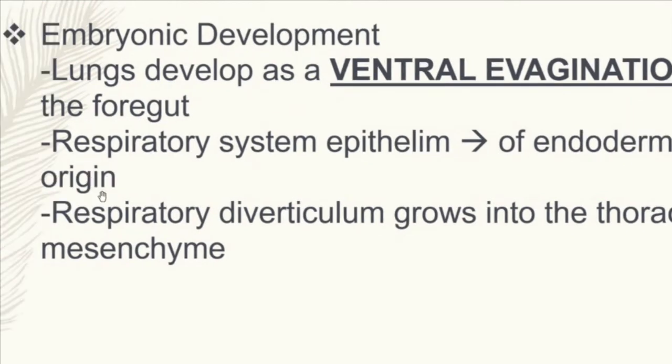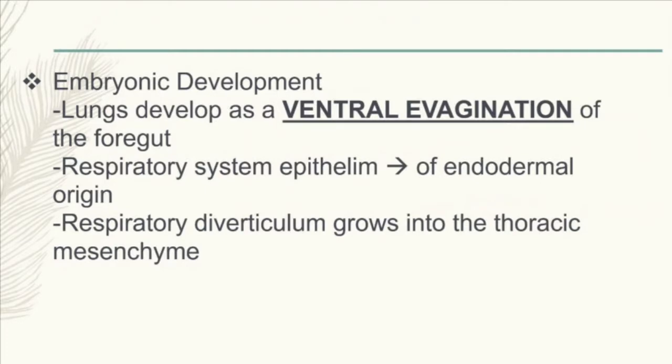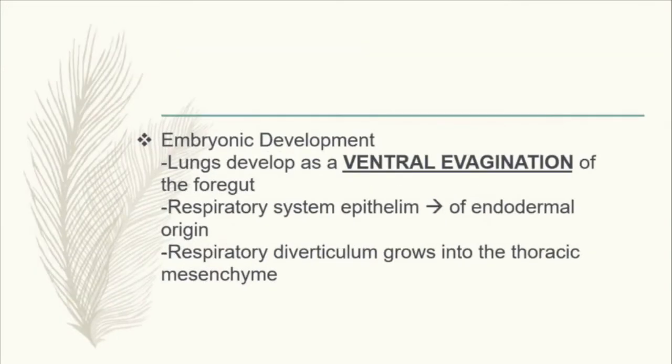So the respiratory diverticulum grows into the thoracic mesenchyme. What do you mean by respiratory diverticulum? It is the embryological endoderm structure that develops into the respiratory tract organs. The bronchial cartilages, the smooth muscle, and the other connective tissues are derived from the thoracic mesenchyme.